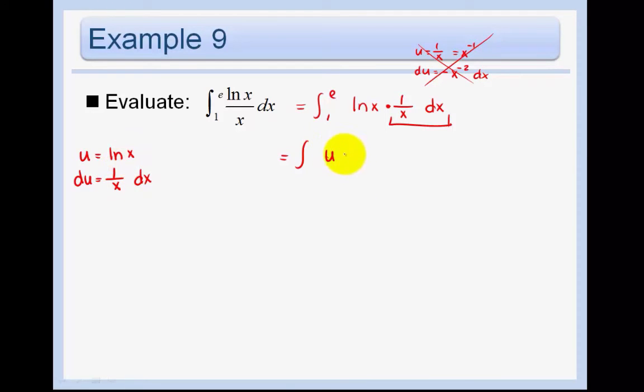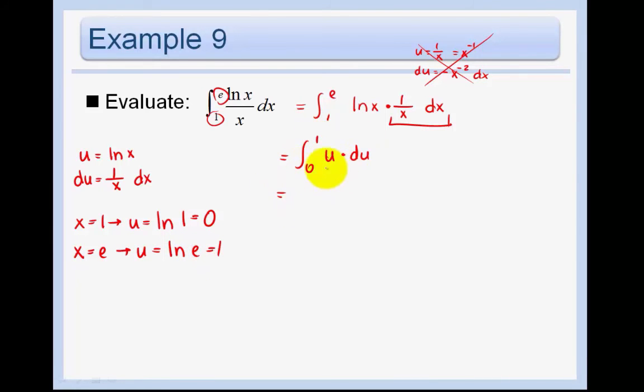I get u times du. Couldn't be nicer for you. All right, these are our bounds. Let's play with them. If x is 1, then u equals ln of 1, which is 0. If x equals e, then u equals ln of e, which is just 1.